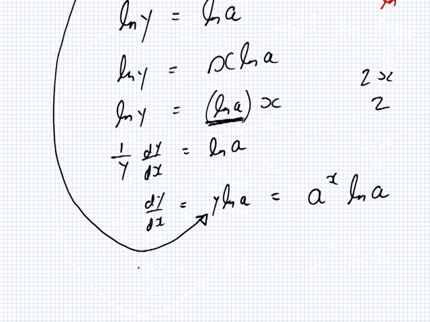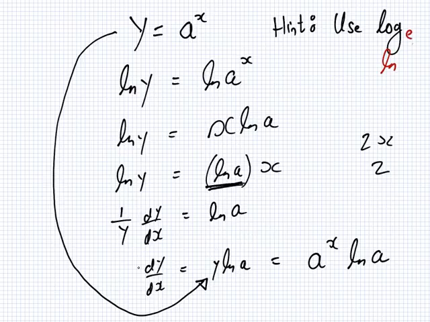Actually, I can't understand the x and a here. This is a rule. Okay. What's the derivative of this? 2. What's the derivative of this? Pi.